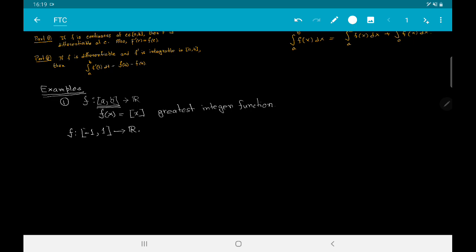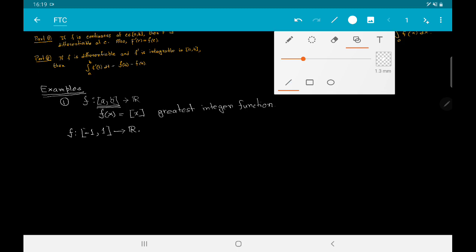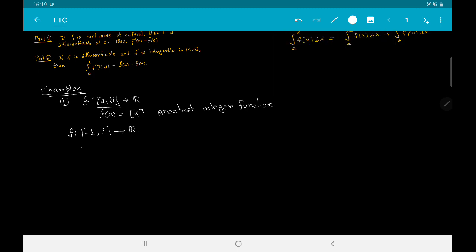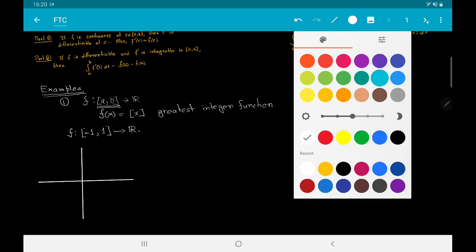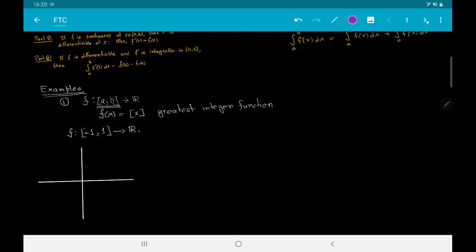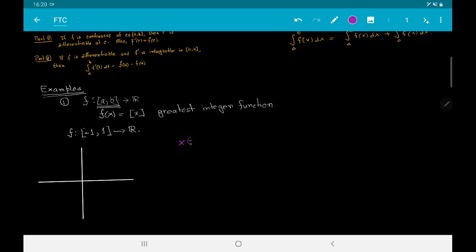So for example, if you would like to draw the graph of this function, let's see how it looks. Here is our y-axis, here is our x-axis, and let me try to pick another color. When x lies in the interval [-1, 0), we know that the box function is given by -1.